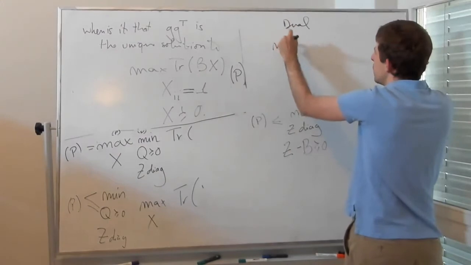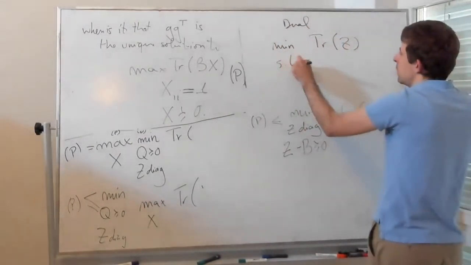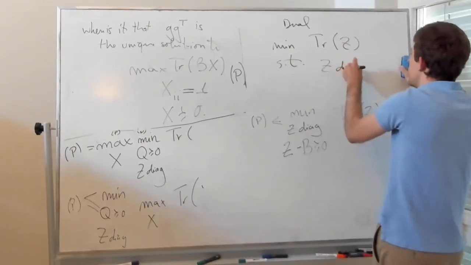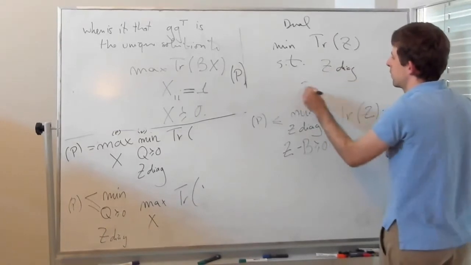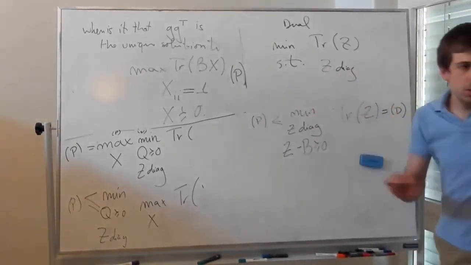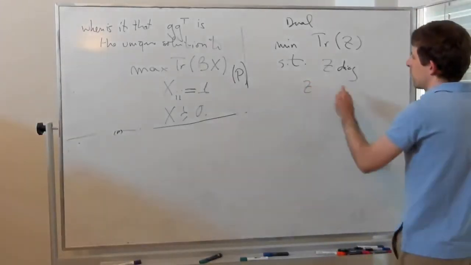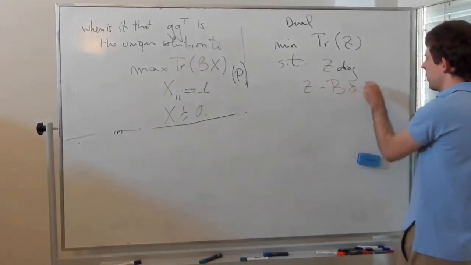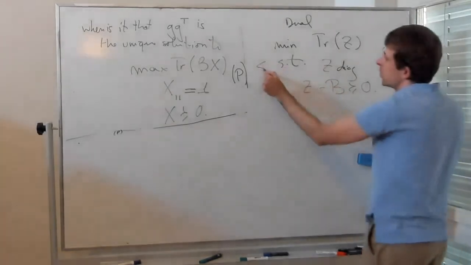The dual is: minimize trace of Z such that Z is diagonal and Z minus B is positive semi-definite. What we know is that the dual problem is always bigger or equal than the primal.